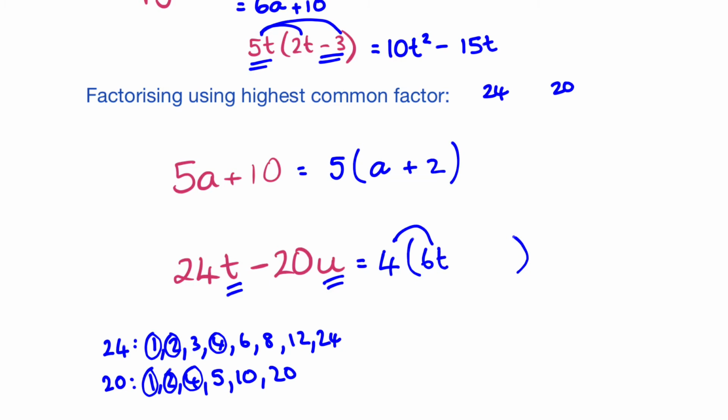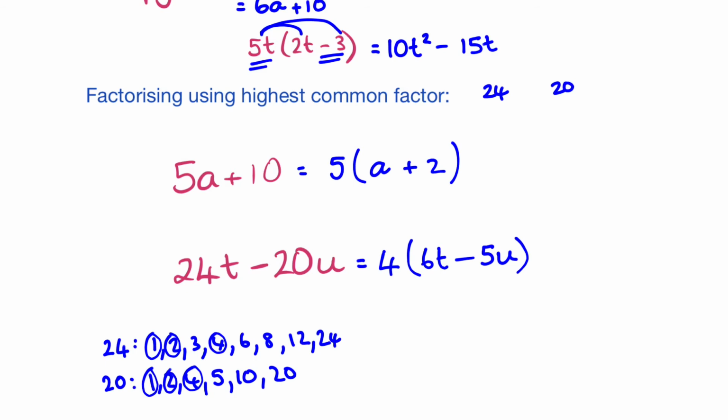And then 4 times this has to be 20u. So 4 times 5 is 20, and we need a u as well. And because we've got a minus there, we need one there. Okay, so when we factorise 24t minus 20u, we get 4 bracket 6t minus 5u.